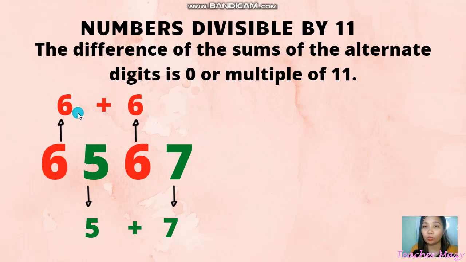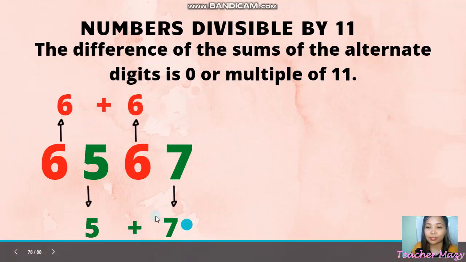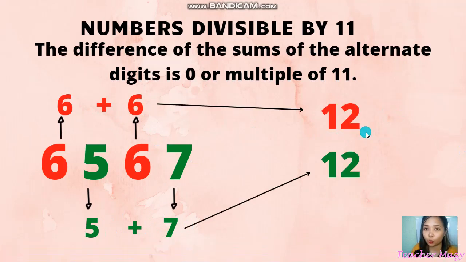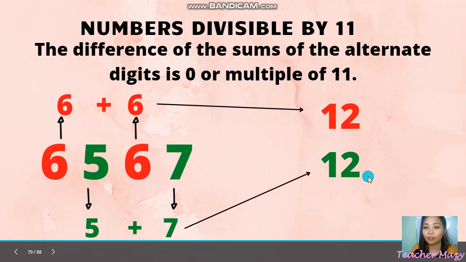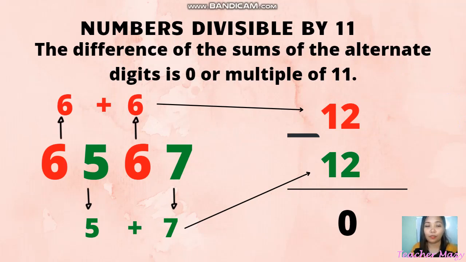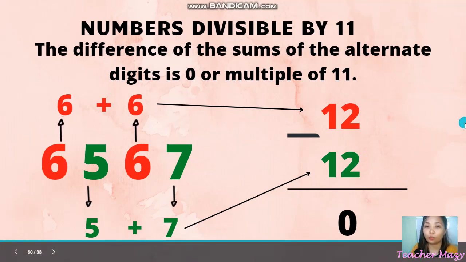So, we need to add them. 6 plus 6 and then 5 plus 7. 6 plus 6 is equal to 12 and 5 plus 7 is equal to 12. Now, we need to get the difference of these numbers. When we say difference, the operation is subtraction. So 12 minus 12 is equal to 0.